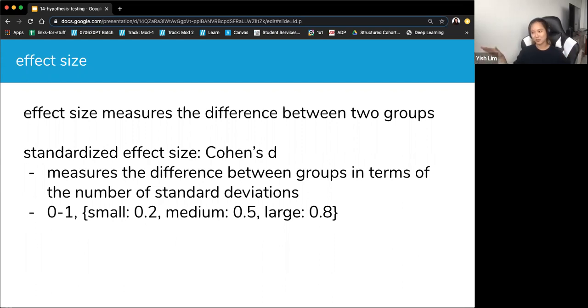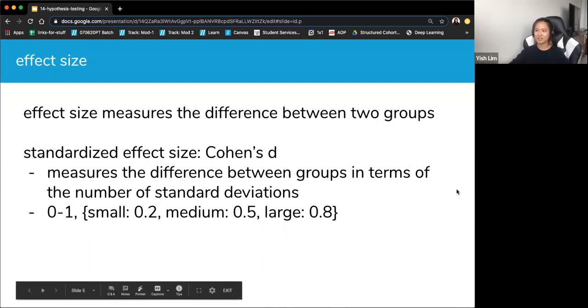These are good rules of thumb, but if you're comparing two groups that you hypothesize should be more different or more similar, and these don't really match up, then you definitely have space to use your own judgment. But effect size we will come back to on Thursday, so let's not worry about it too much here. I put it here just because it's in our section 14 learns.